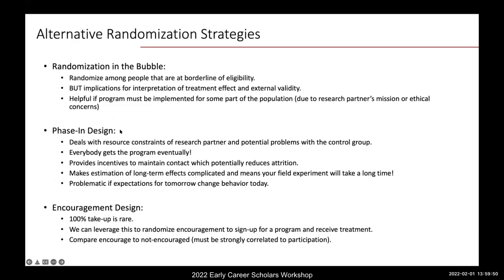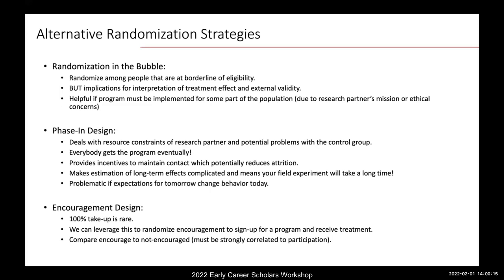So there are alternative randomization strategies: randomization in the bubble, phase-in designs, or encouragement designs, okay? So in the bubble, what you do is to actually randomize among people that are borderline eligible, which has then implications for your treatment effect, external validity, okay?